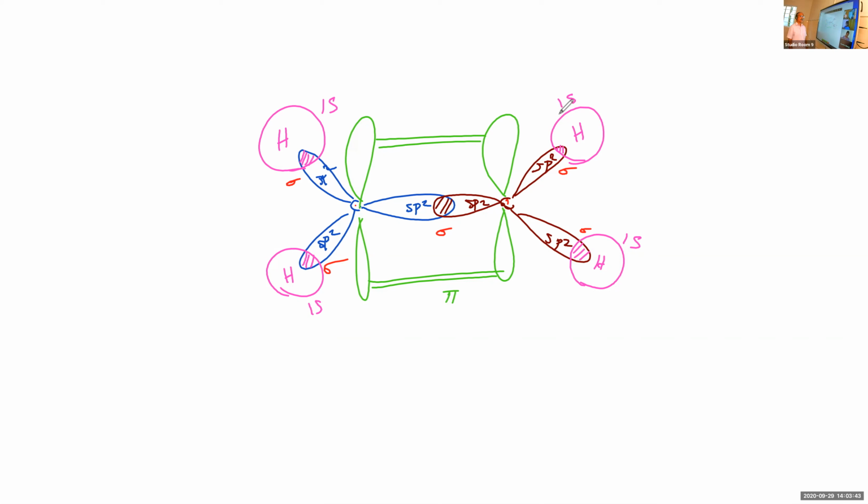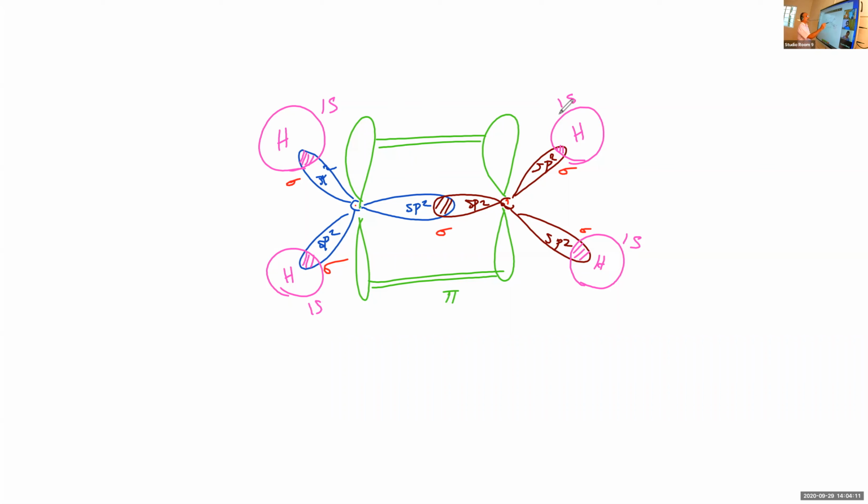So the two bonds of the double bond between the carbon atoms are not equivalent bonds. They are not identical bonds. One is a sigma bond and the other is a pi bond.